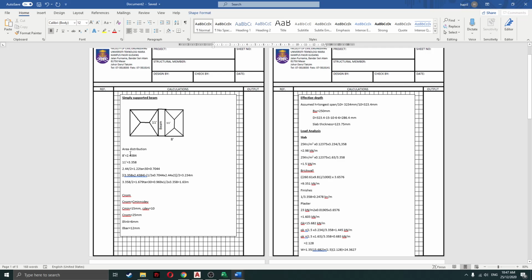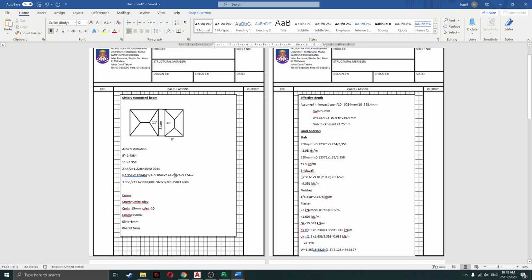First, we need to find the area distribution. I get from... find the height of this thing, and then times with the area, and then total of this thing minus 12 this, and then divide by 2.